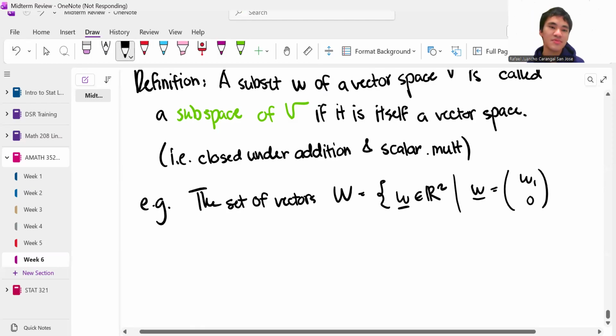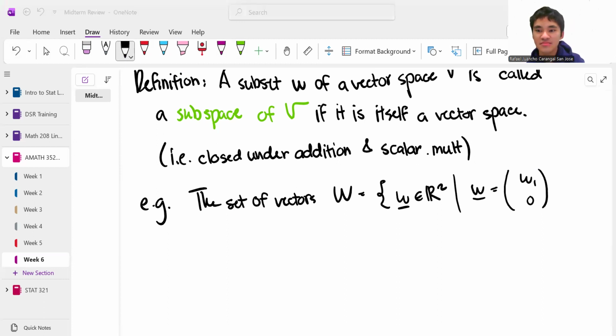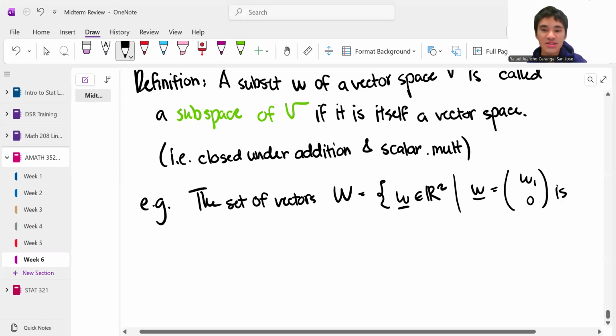Uh-oh, is my thing not responding? My OneNote is not responding. So this W is a subspace of R2. I hope that makes sense.